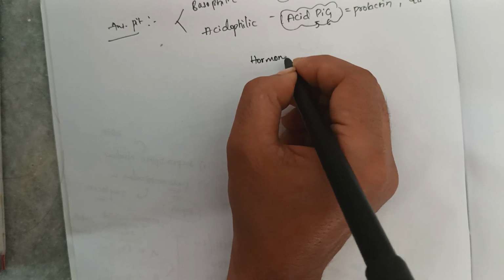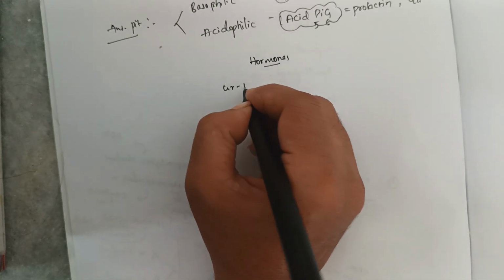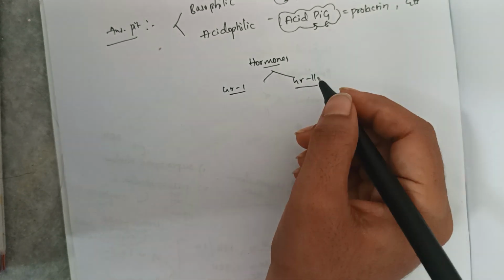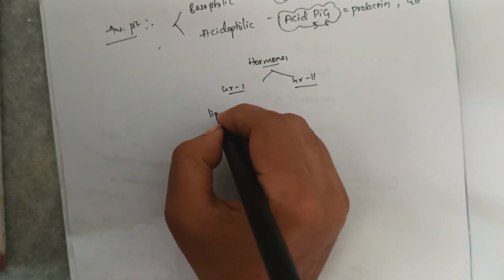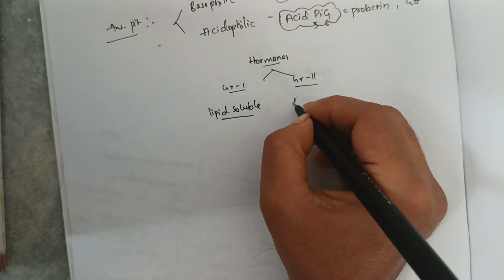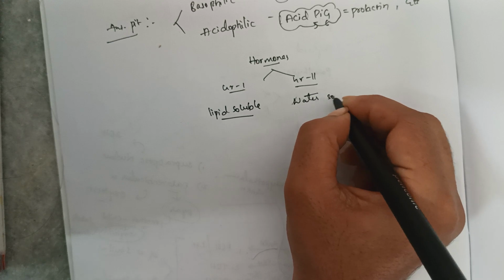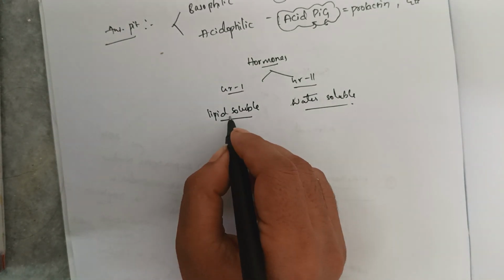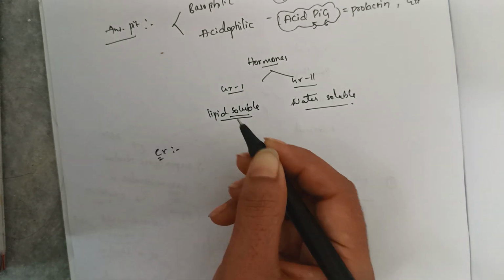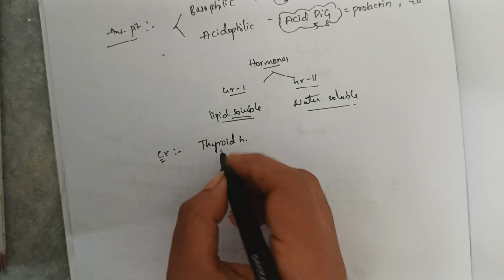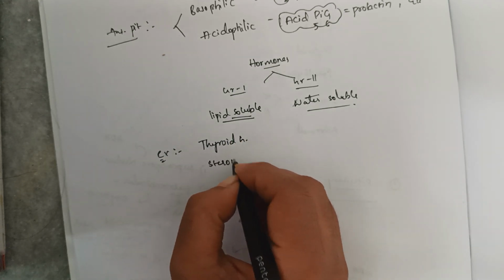Regarding the hormones, we have 2 types: group 1 and group 2. Group 1 is the fat soluble or lipid soluble group. Group 2 is the water soluble group. What are the lipid soluble hormones? Yes, thyroid hormones and steroid hormones.